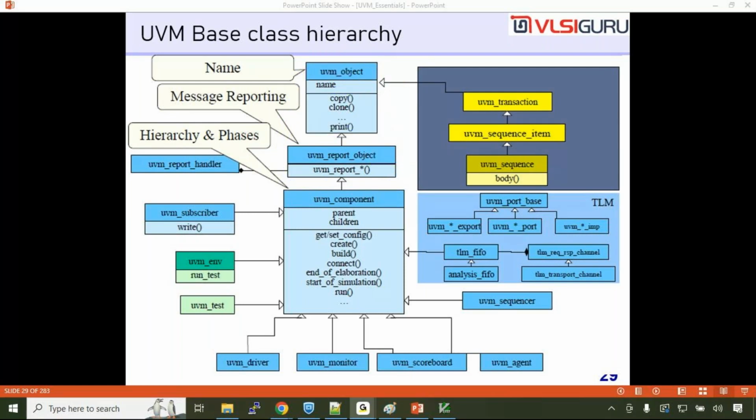When you come to UVM monitor, what properties does it have? See, how do you understand this box? Name is the property, these are the methods.